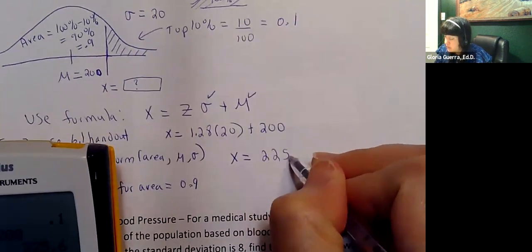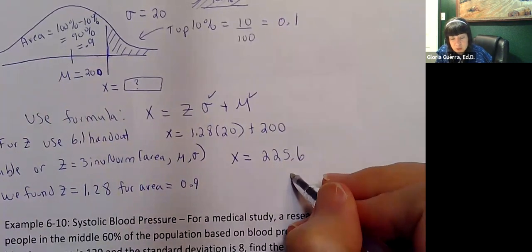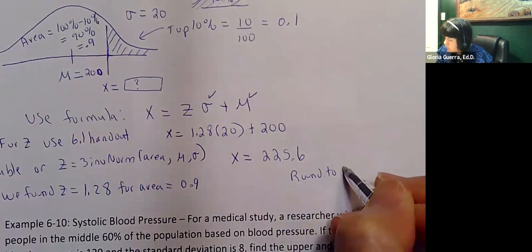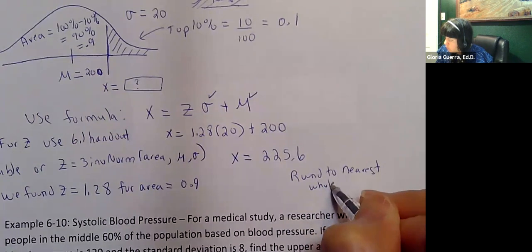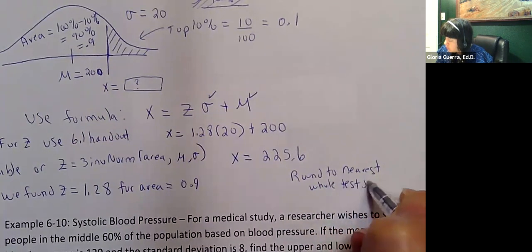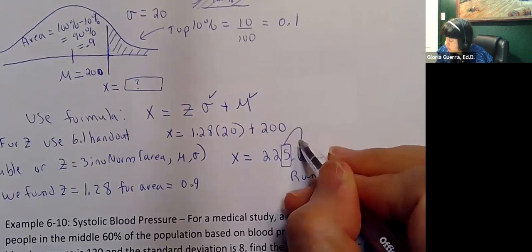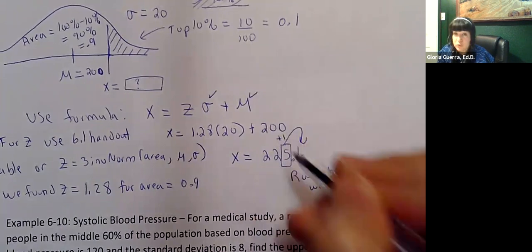And the thing is, since this is a test score, what they usually do is round to the nearest whole test score. So if I box this 5 and look at the number to the right, is that 5 or more? Yep, that's a 6, so add 1 to that.